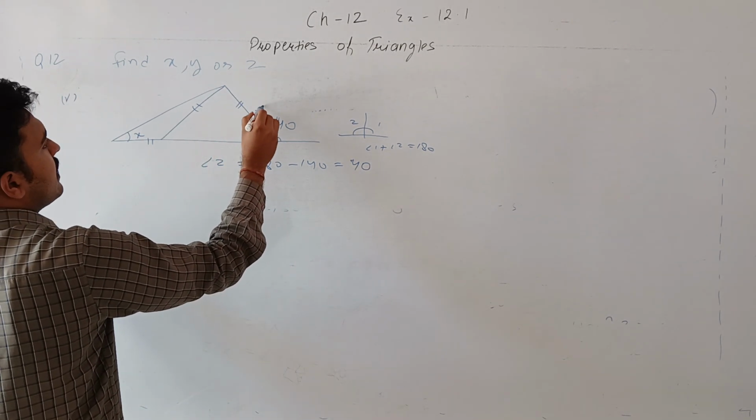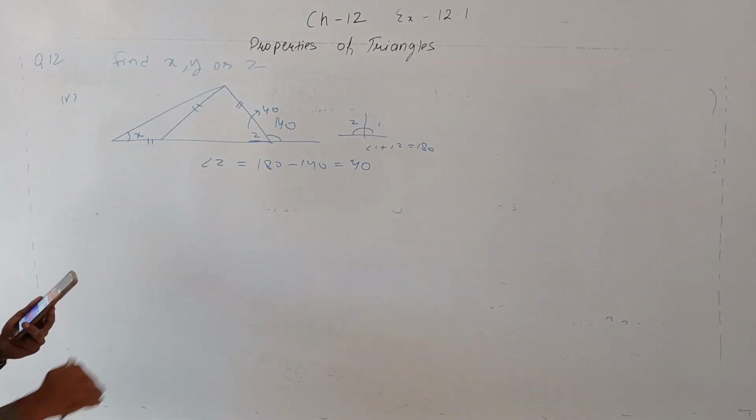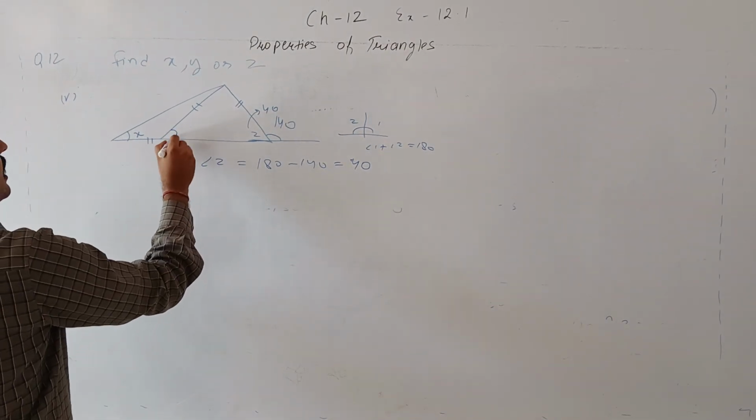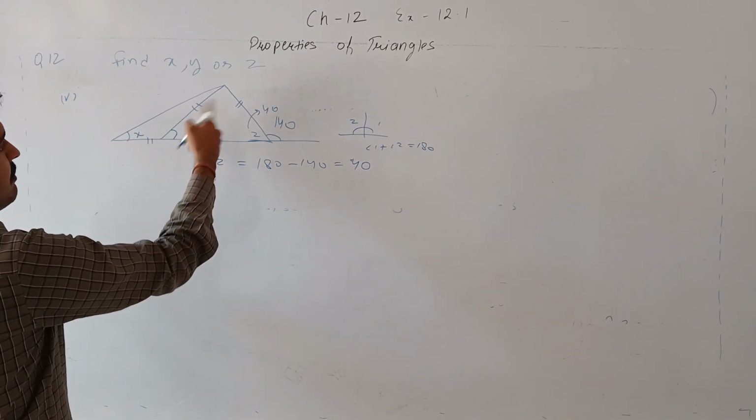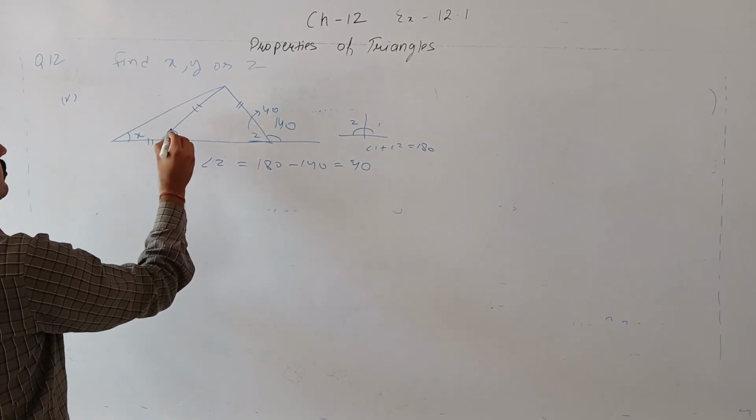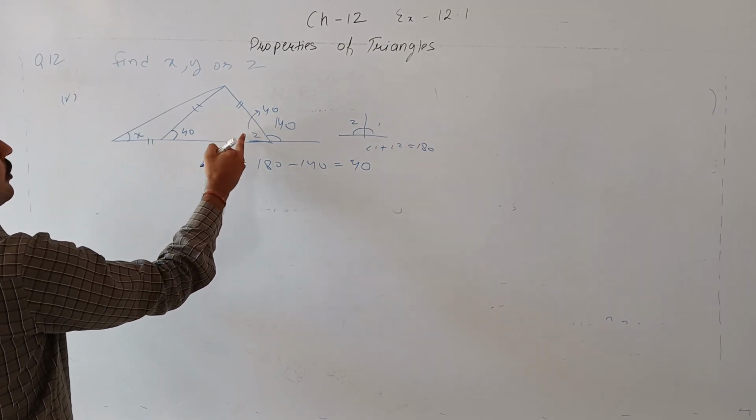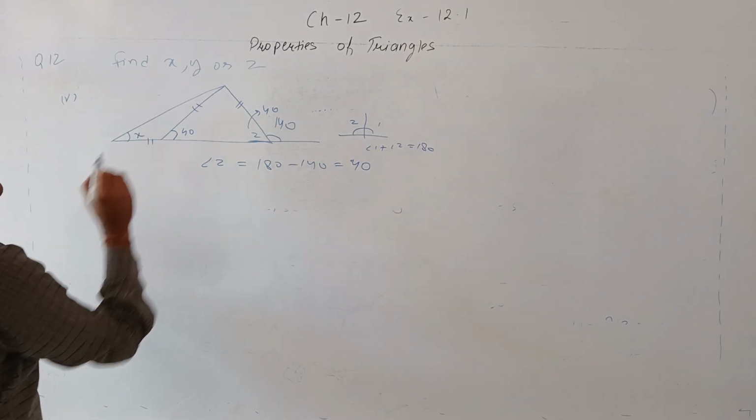So this angle is 40, and since these two sides are equal, the angle opposite to the equal sides is also equal. So this angle is also 40.